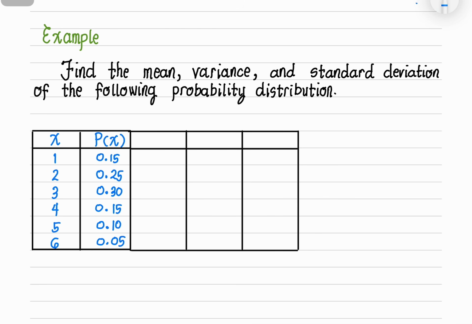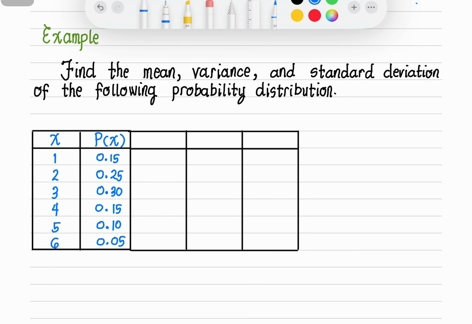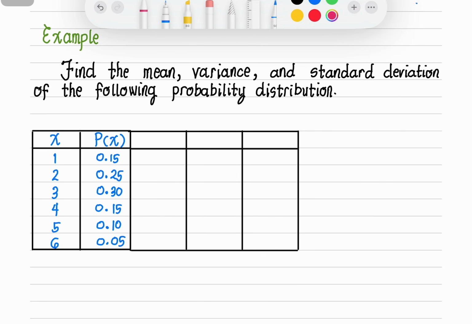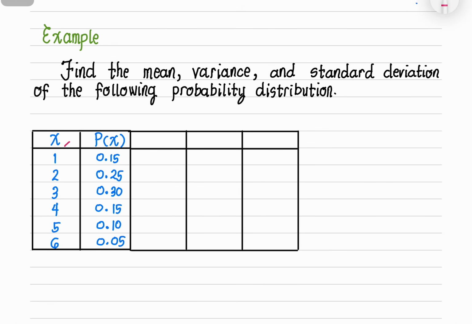Okay, so guys, ang unang gagawin lang natin dito ay solve na muna natin si mean. And for us to solve the mean, we need to find the product, okay? So by getting the product of x and p of x with its corresponding probabilities.